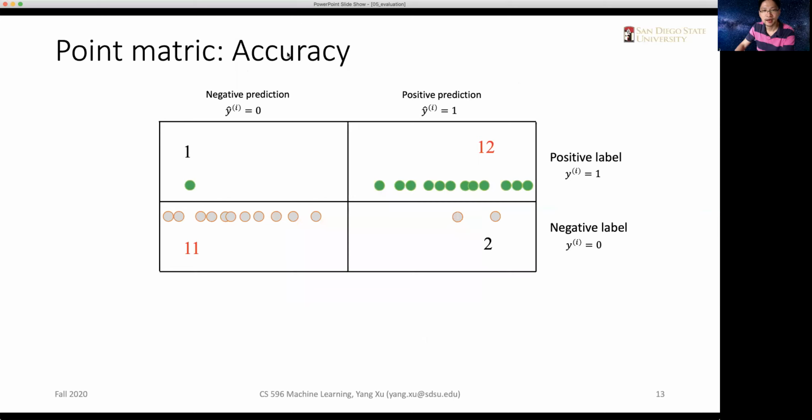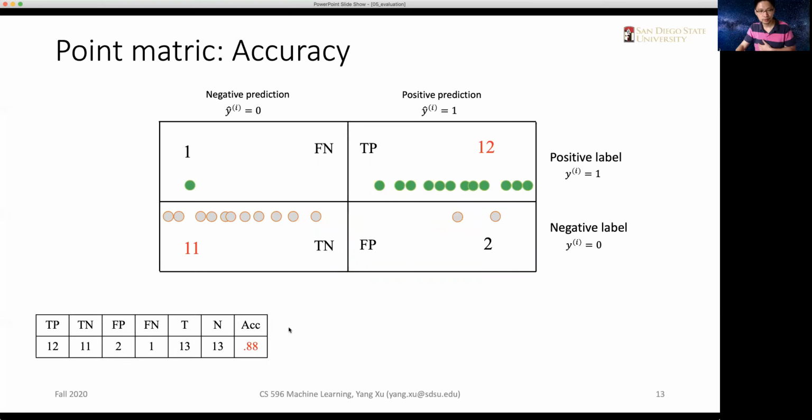So first of all, we talk a lot about accuracy, right? We want the model to make accurate predictions. But a prediction can be positive or negative, so we need to combine either way in the final computation of the accuracy.